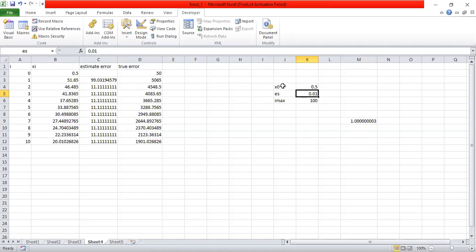But in order to show you at which iteration the Newton-Raphson method converges, let me create a column here just to specify the iteration. I want to be sure at what iteration. When we got to the third iteration, our error was like 1,900%. So I want to know exactly at what iteration you were able to get to the true value of the root.